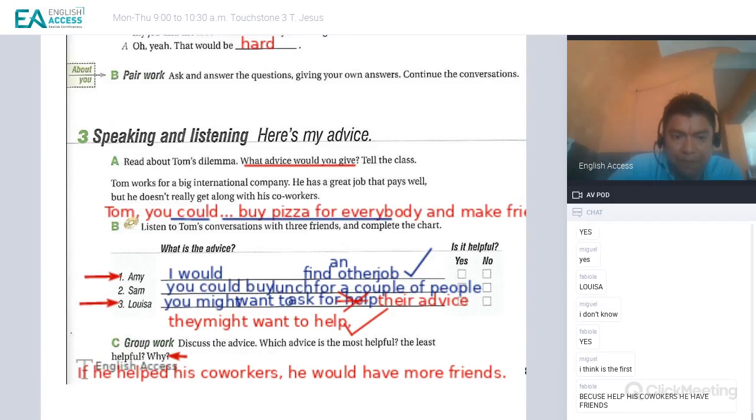What do you think, Fabi? What about you, Miguel? Why is number 1 the best one?